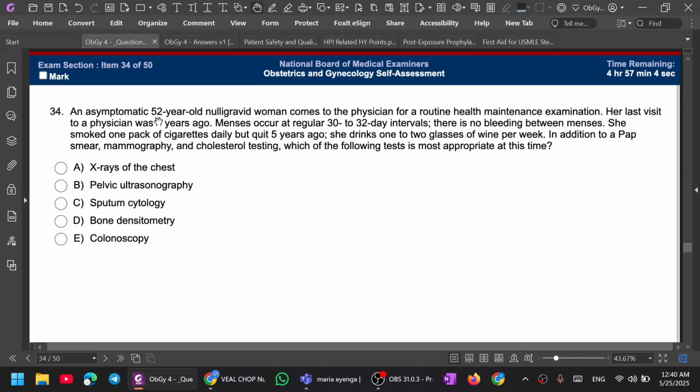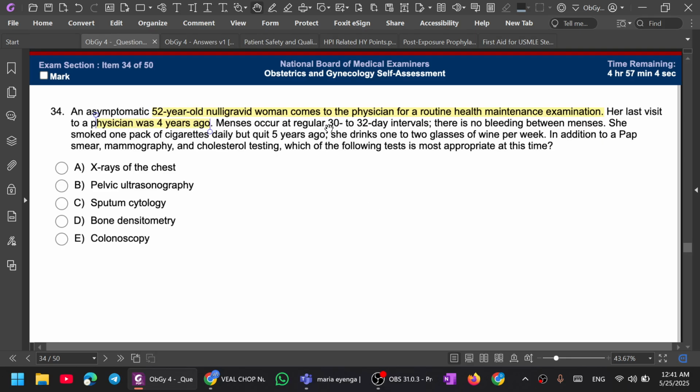An asymptomatic 52-year-old nulligravid woman comes to the physician for a routine health maintenance examination. Her last visit to a physician was 4 years ago. Menses occur at regular 30 to 32 day intervals.